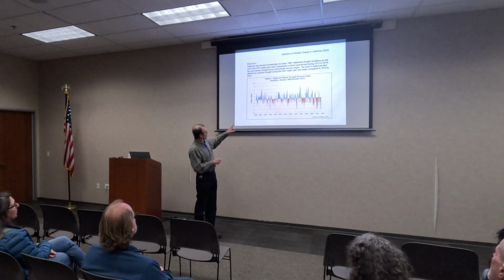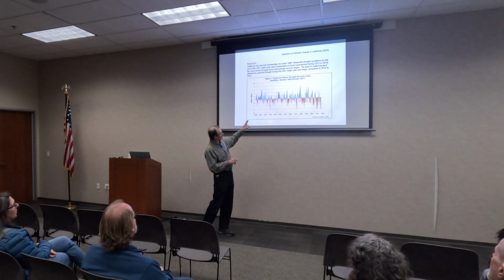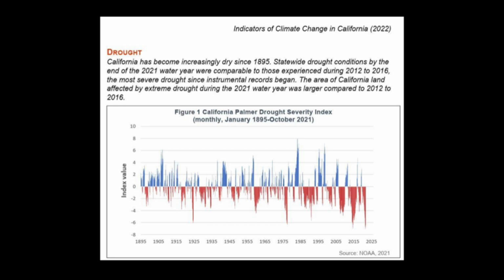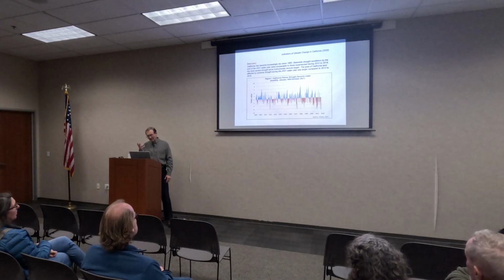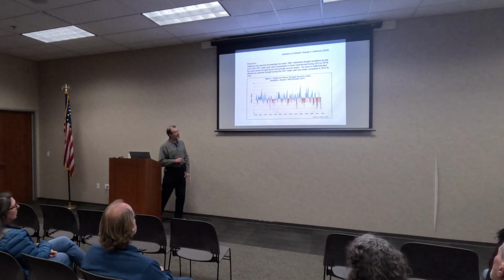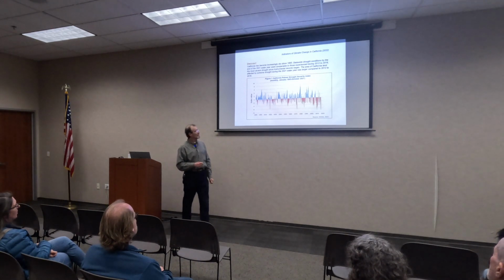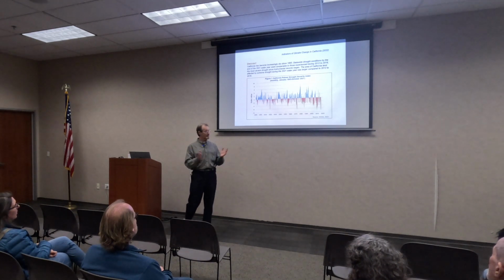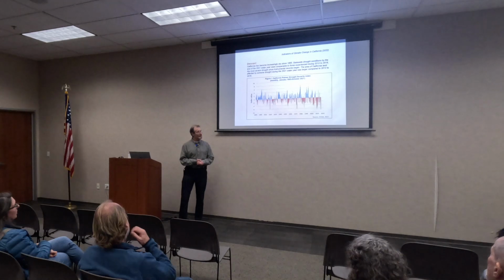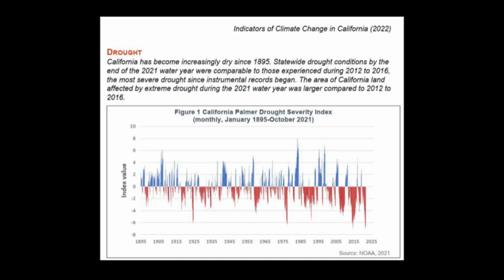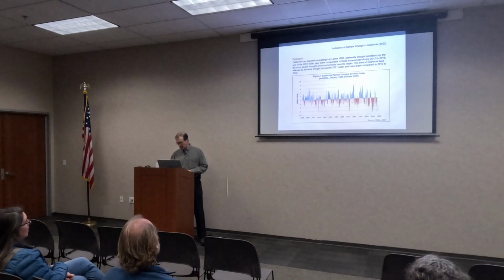And the other thing to note with this is that the red, as we go forward, is getting worse. We're having more droughts, and the idea then is that this is probably, most likely, a result of global warming. And in the future, is it going to get even worse than this? We've seen some really bad droughts in recent years.